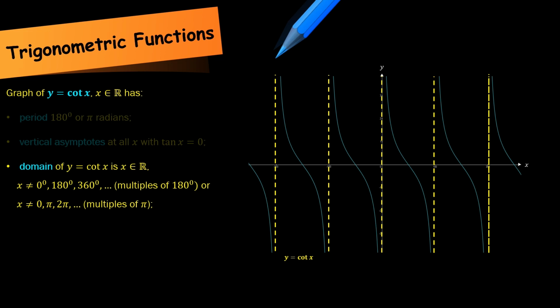Its domain is x in the real numbers with x not equal to 0 degrees, 180 degrees, 360 degrees, and so on, in other words, all multiples of 180 degrees, or x not equal to 0, pi, 2 pi, in other words, multiples of pi.